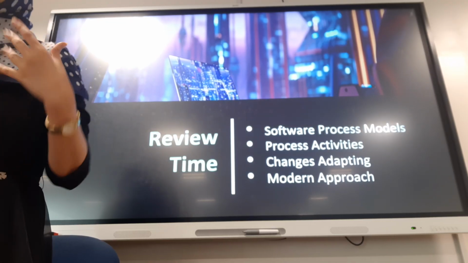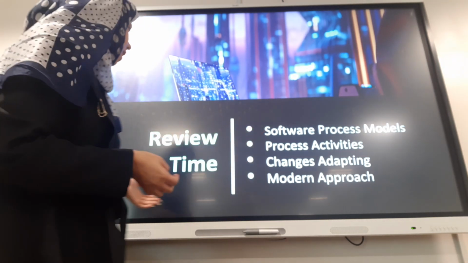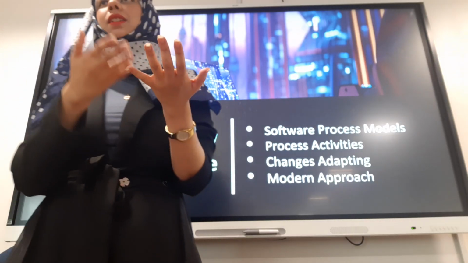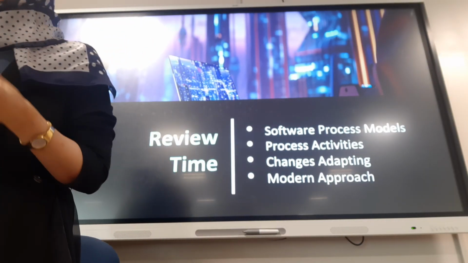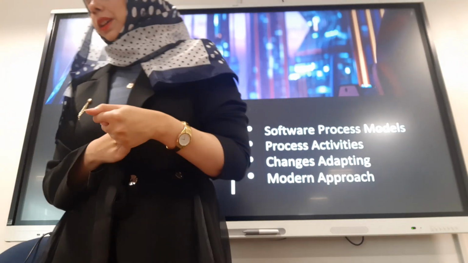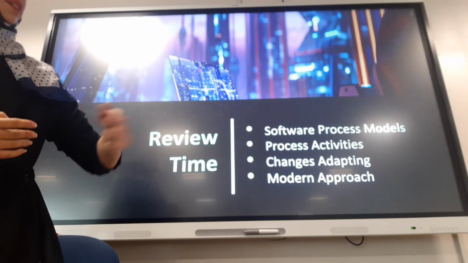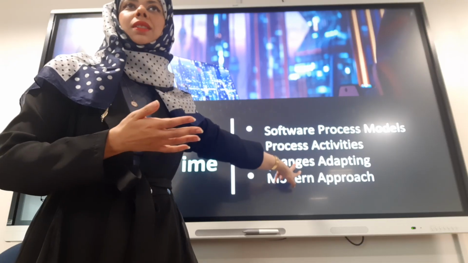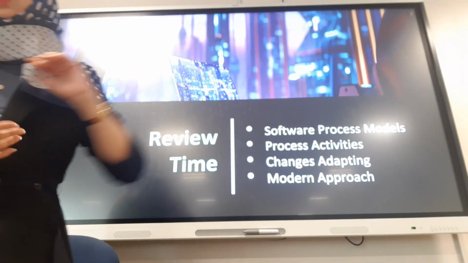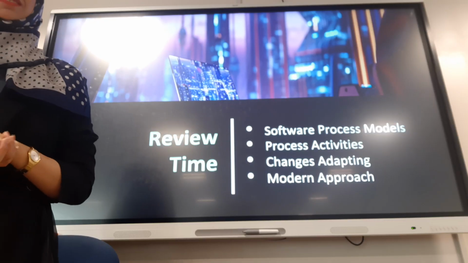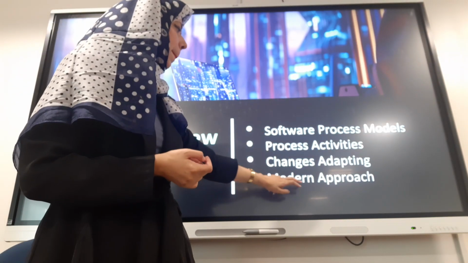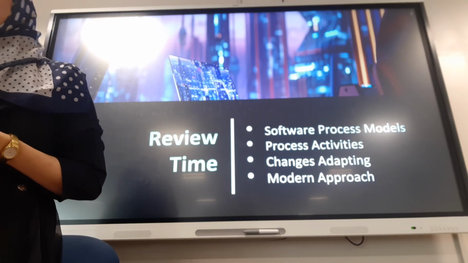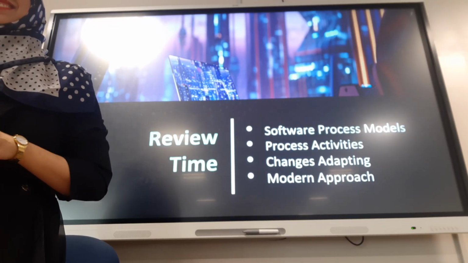And we got to see other methods to apply some of the processes, like Agile. Under Agile, we would see extreme programming, paired programming, and Scrum models. We also got to see adaptation, like how you would make changes to your own code, your own business requirements, and so on. We saw refactoring, right? Remember these concepts? And we looked into the modern approach of how to apply things. All good till here? Any question?